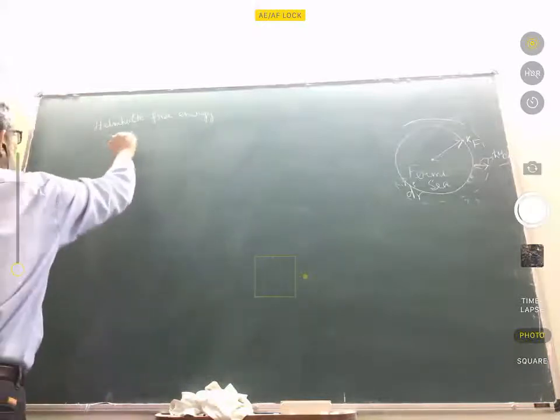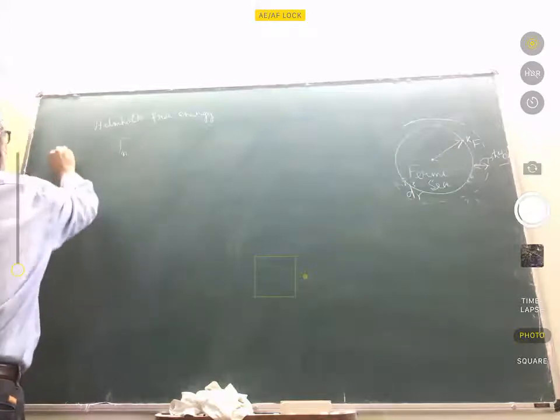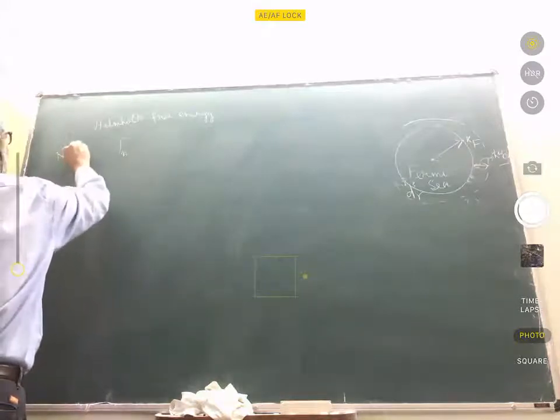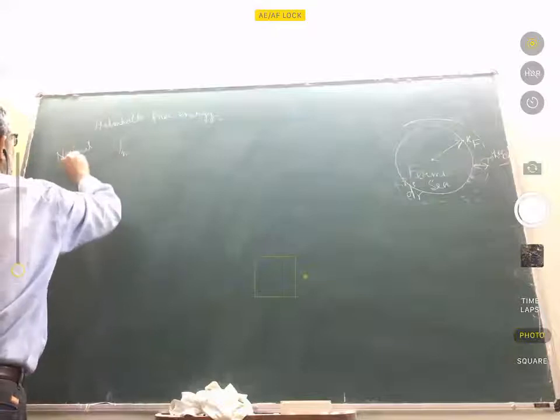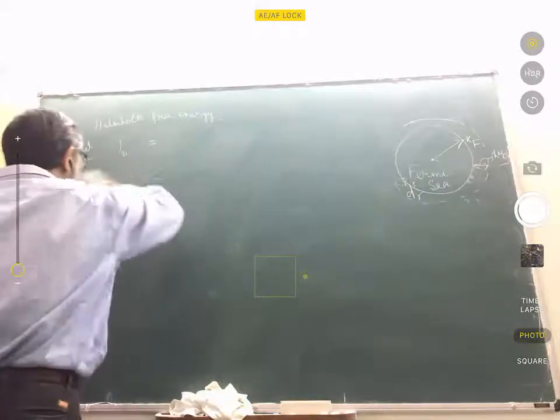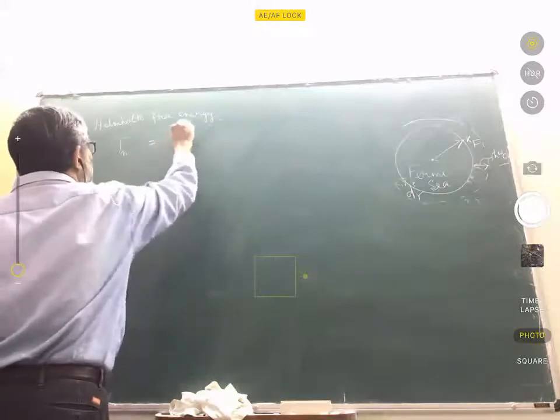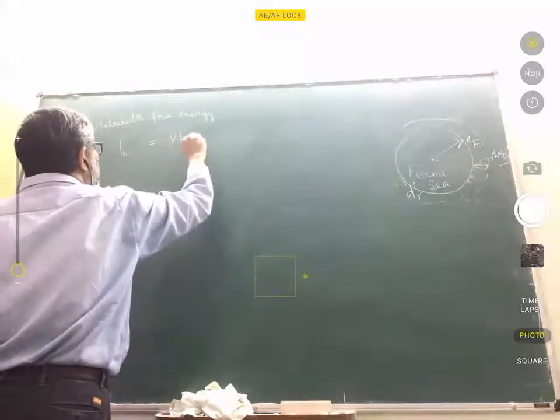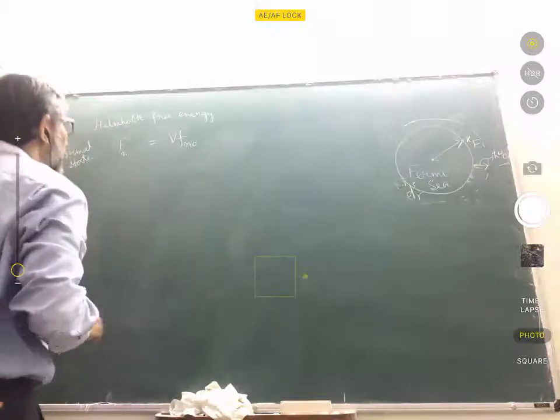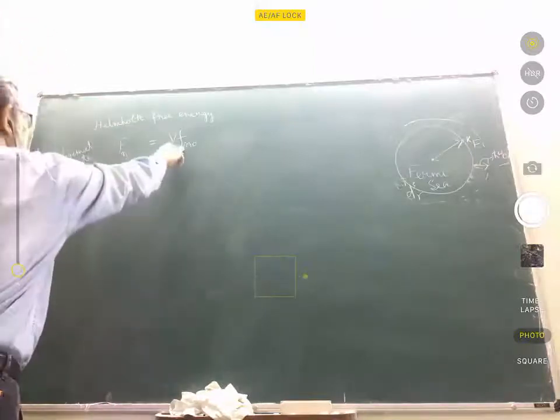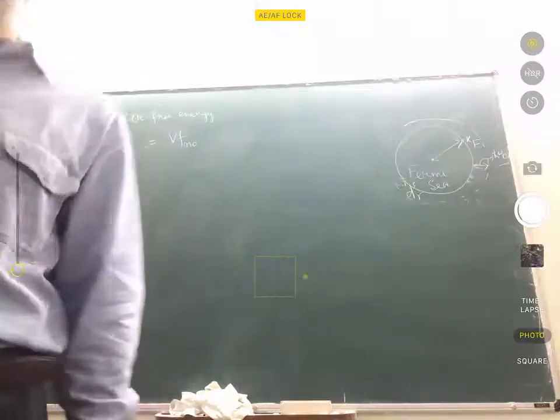So the Helmholtz free energy in the normal state. This F is the free energy density in the normal state.